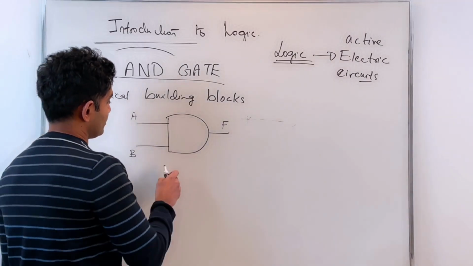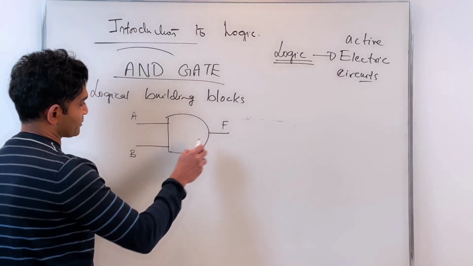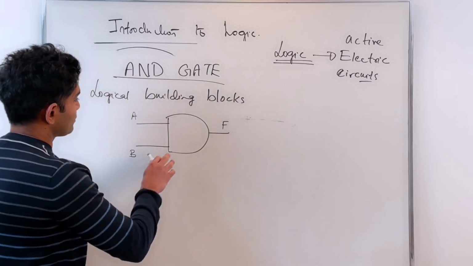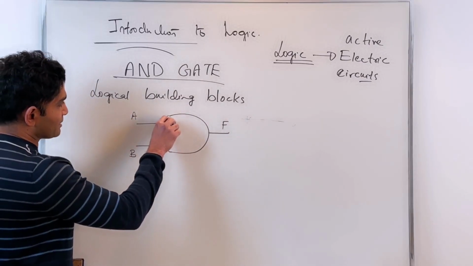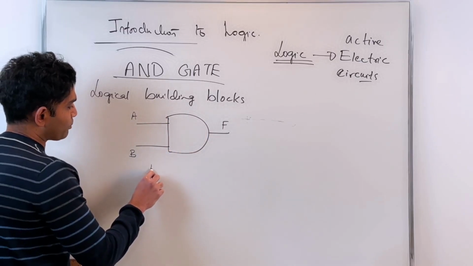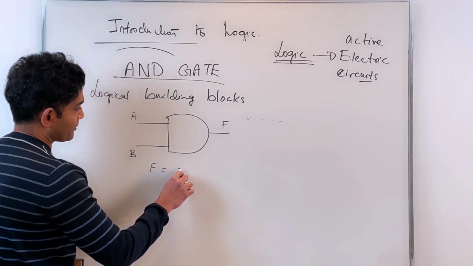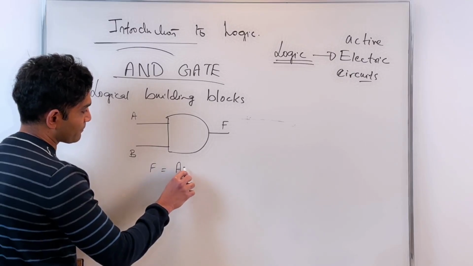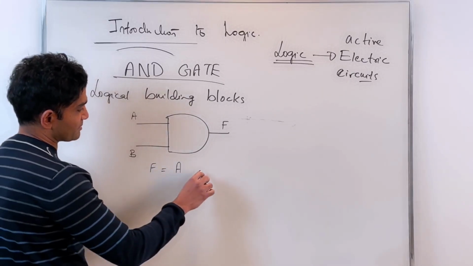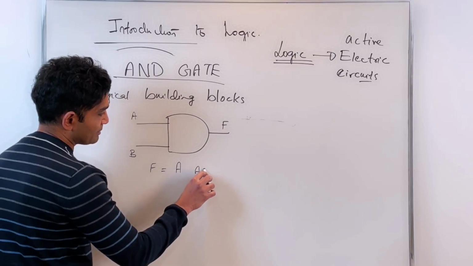So the output F is expressed as A and B.